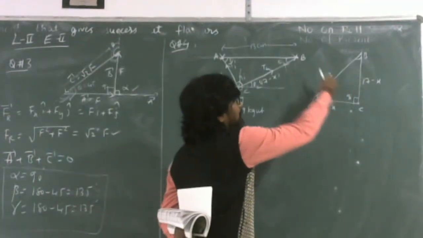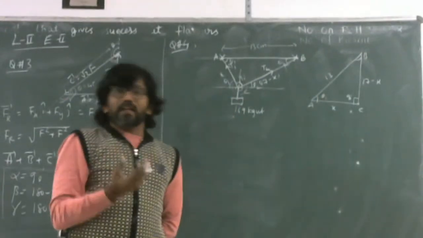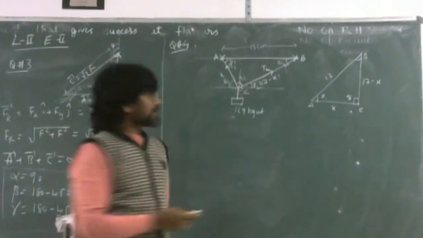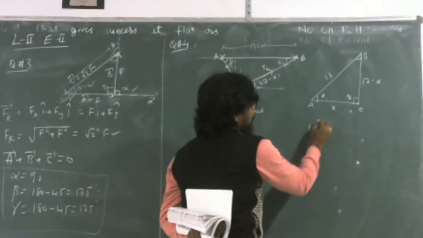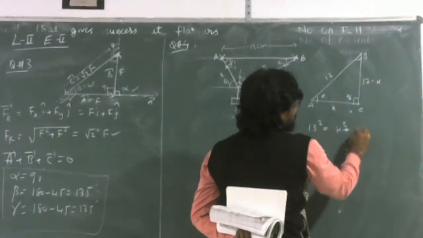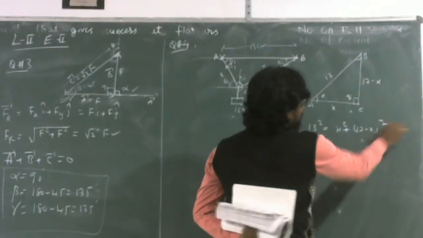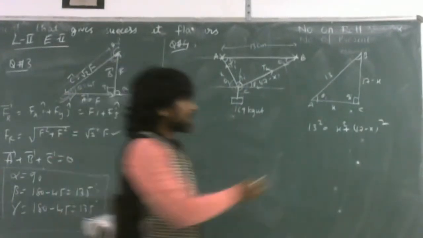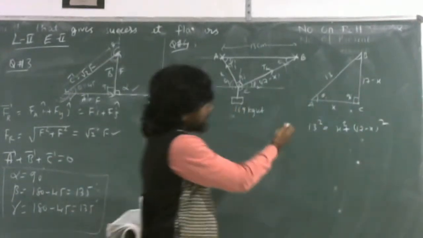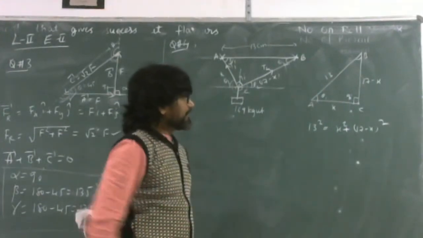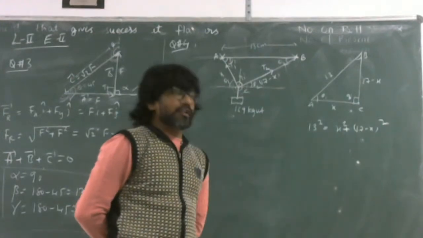Here hypotenuse square is equal to the sum of the squares of the sides. So 13 squared is equal to x squared plus the other side squared, which is 17 minus x whole squared. Simplify this, expanding a minus b whole square, and you will get a quadratic equation. Let's do it and find the x value.